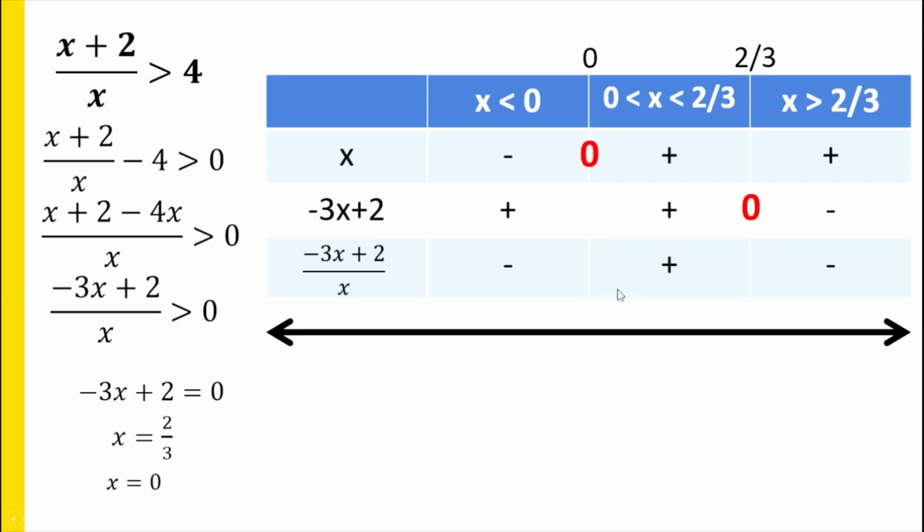So we have 0 and 2/3. They are excluded again because we don't have an equal sign here. So we'll highlight the inequality x is between 0 and 2/3. So we have our solution set as 0 to 2/3, exclusive, of course, of 0 and 2/3.